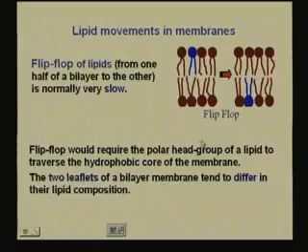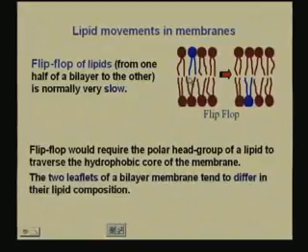But in a flip-flop case, we have the lipid go from one bilayer to the other bilayer. So, for this event to occur, this would have to traverse the whole hydrophobic core of the membrane, which would be unlikely.